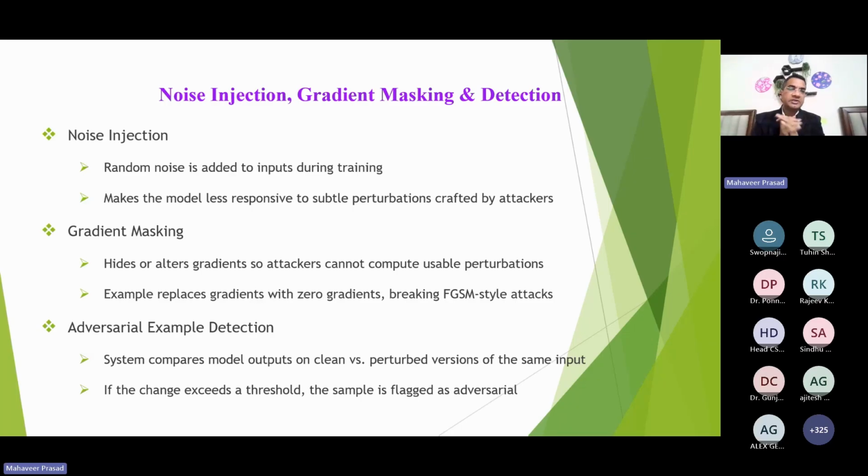Gradient masking hides or alters gradients so attackers cannot compute usable perturbations. For example, it replaces the gradient with zero gradient, breaking FGSM-style attacks. The next is adversarial example detection. The system compares model output on the clean versus the perturbed version of the same input. In that way, we can detect and prevent these kinds of attacks.